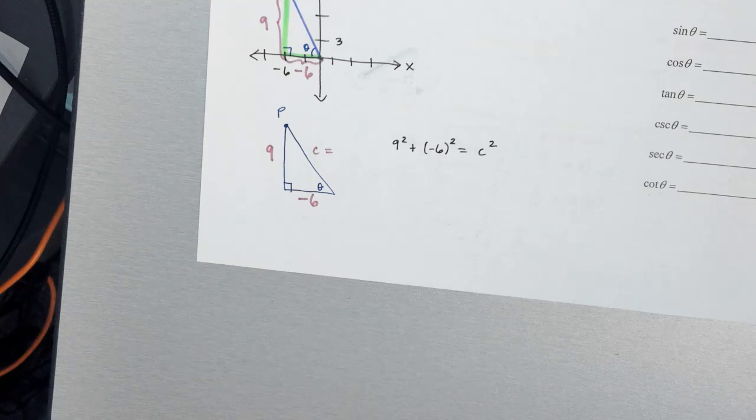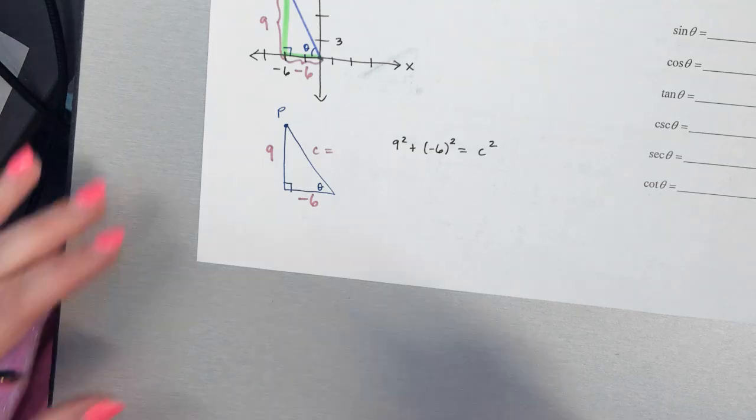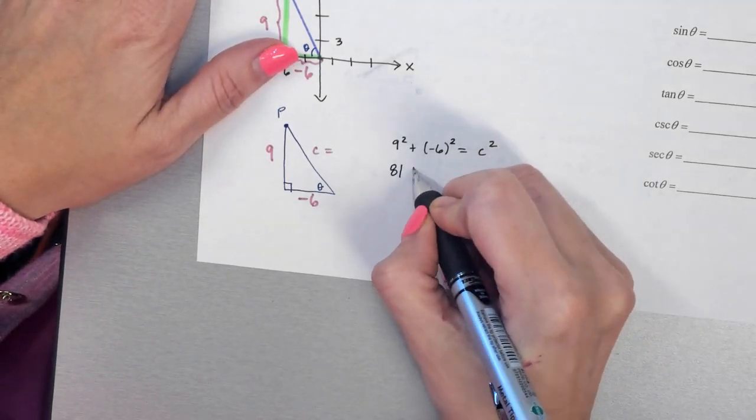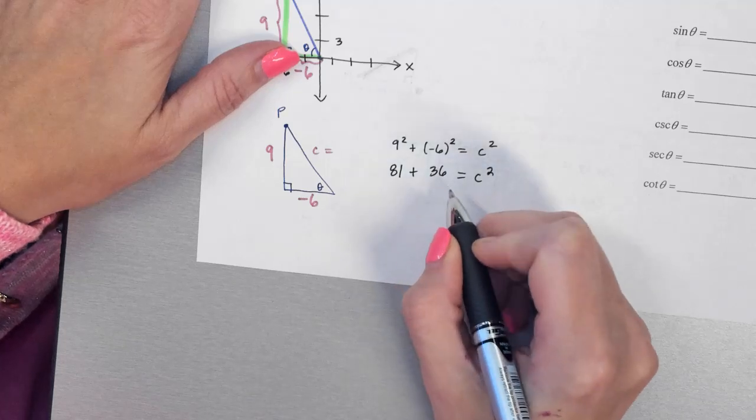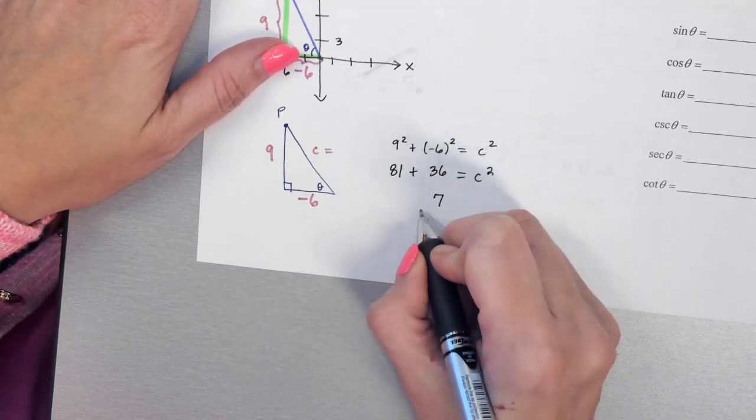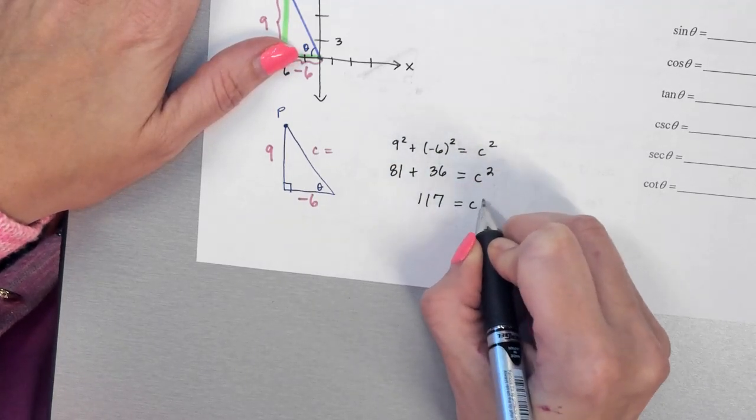So 9 squared is 81, negative 6 squared, 36. Okay, when I add 1 and 6, I get 7. 8 and 3 is 11.